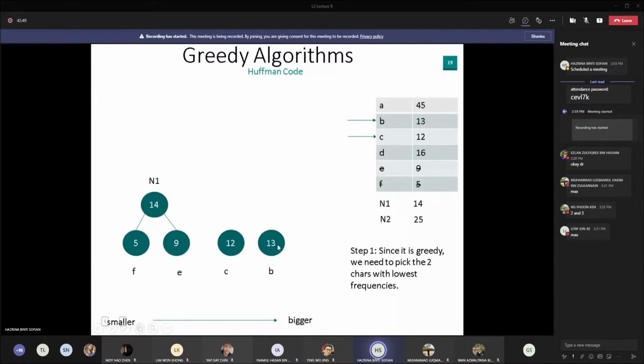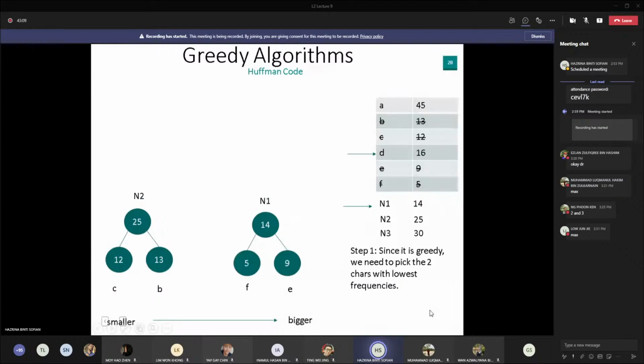So we have 12 and 13 here, so we have another root node, and 2. We strike this B and C because we have done this.